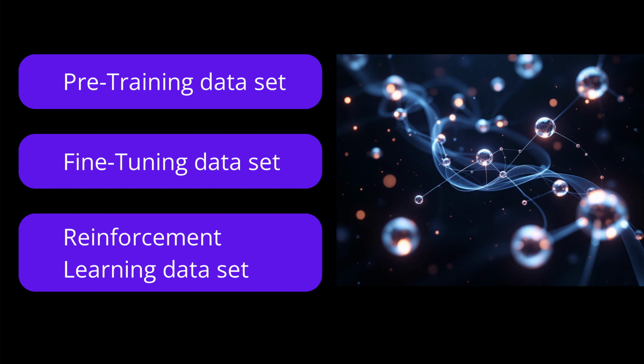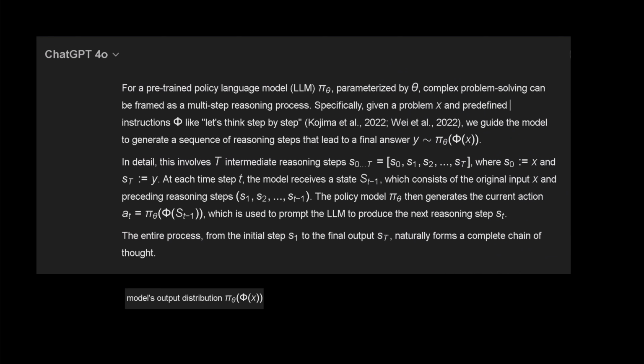Let's think about what we could do. Can we go a similar path like in mathematics, where we find an abstract higher level solution to all possible type 1 problems? In part 1 of this video, remember we talked about the pre-trained policy language model, the pi theta, especially when we have a complex problem solving that can be framed as a multi-step reasoning process.